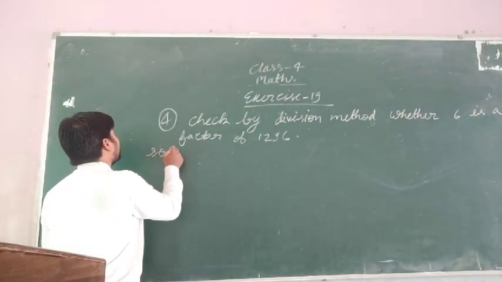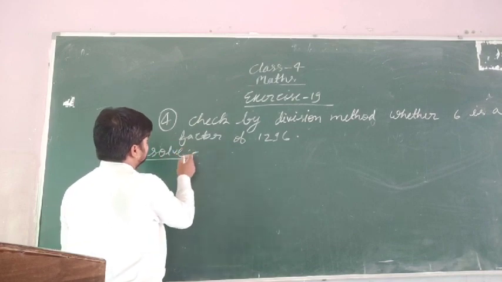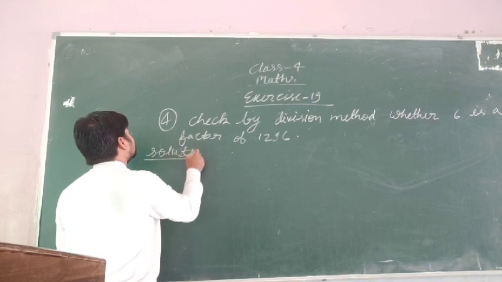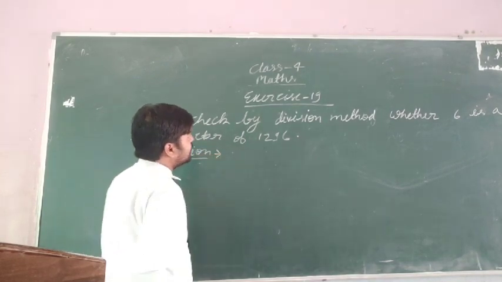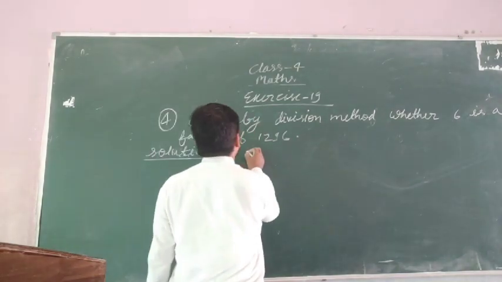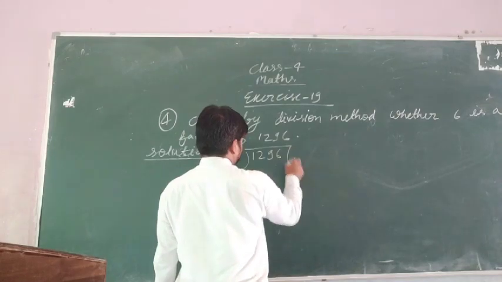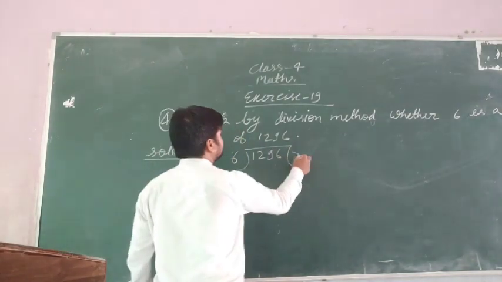So simply you have to divide it. I am going to solve this. So simply you have to divide here by 6. How many times will it go? 6 twos are 12.